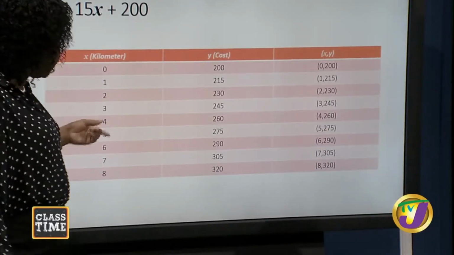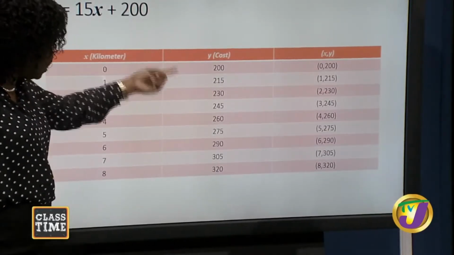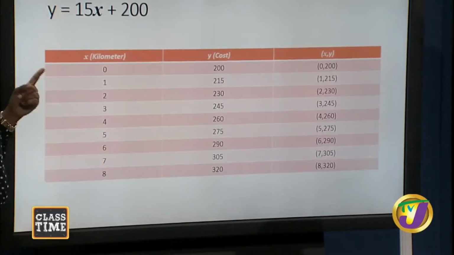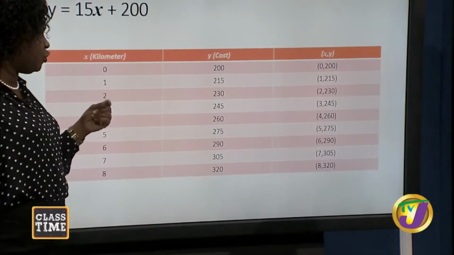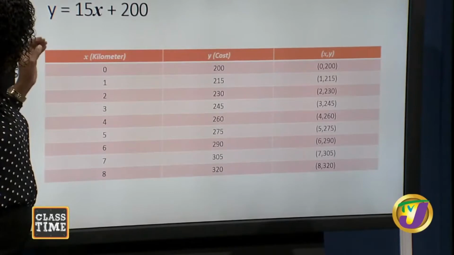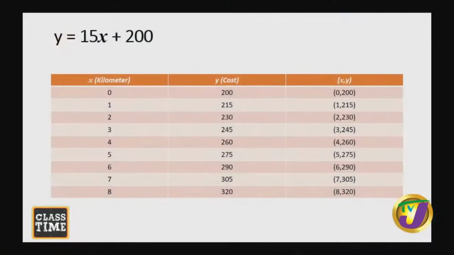So each extra kilometer we go, based on the values in our table, we're noticing that $15 keeps adding on to the cost per kilometer. So in this situation, we multiply 15 by whatever kilometers we would have traveled.